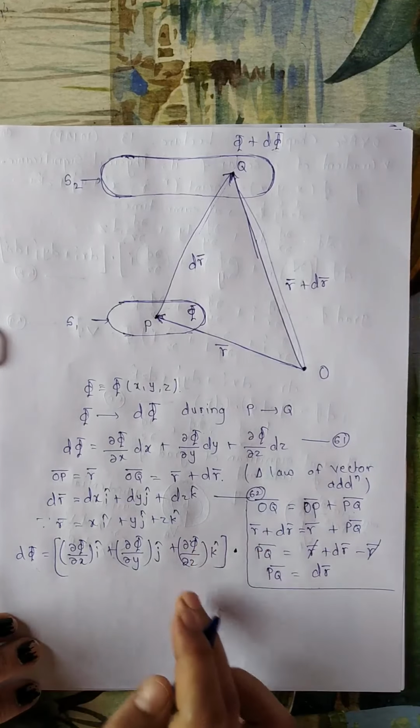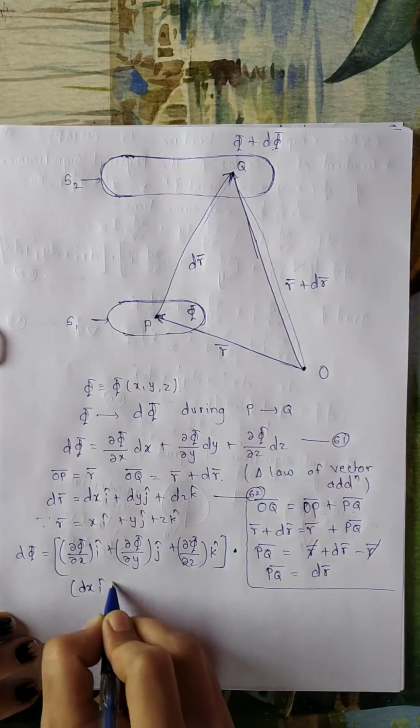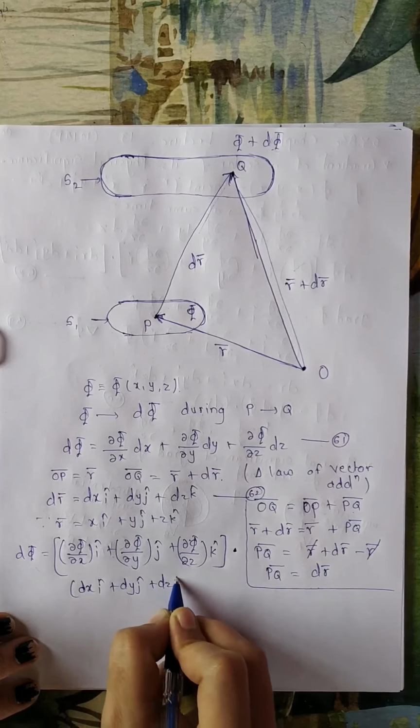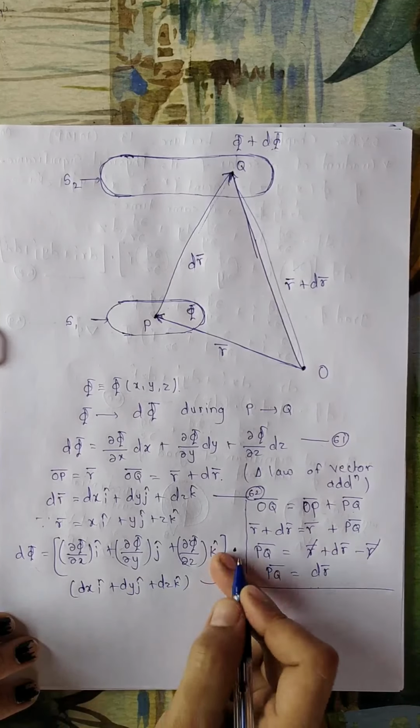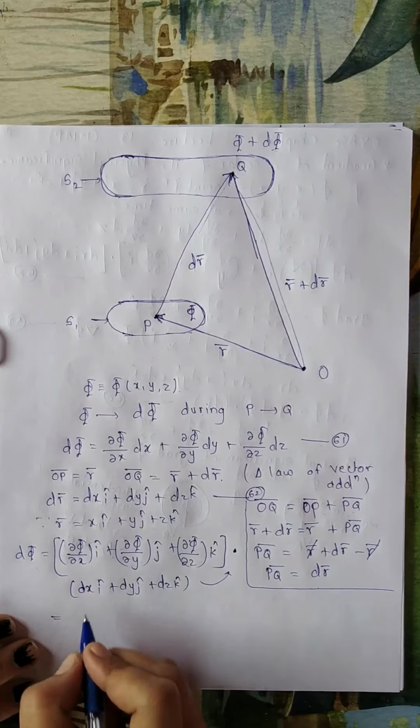So it is the dot product of these two vectors, which is given by dx i cap plus dy j cap plus dz k cap.